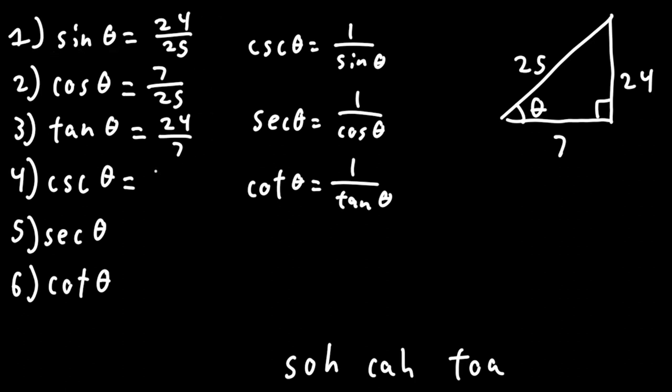So cosecant of theta is 25 over 24. The same rule applies to secant of theta. We just need to flip the numerator and the denominator. So that would be 25 over 7. Cotangent, we just need to flip tangent. So that would be 7 over 24.